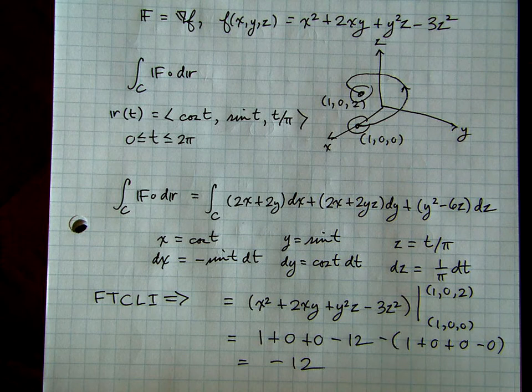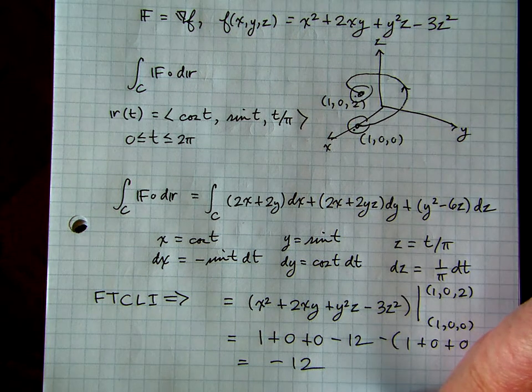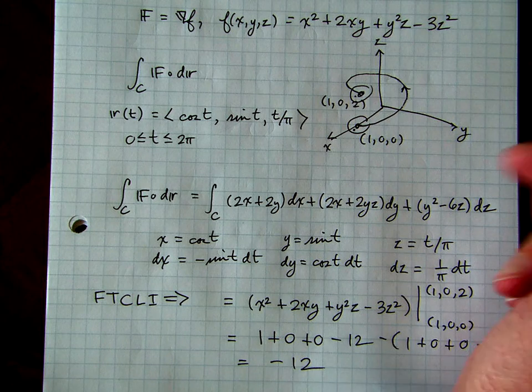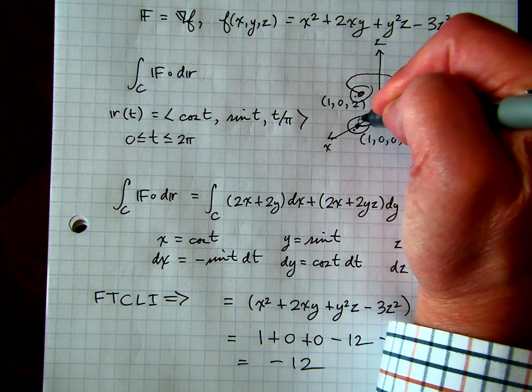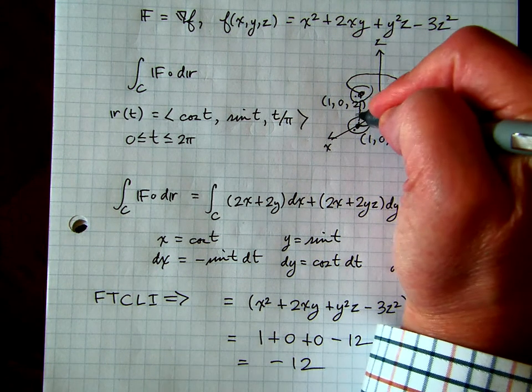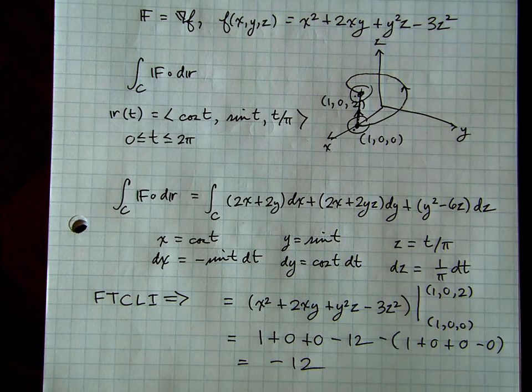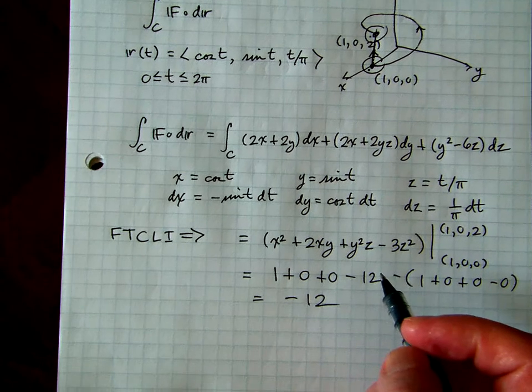So if you had another path that started here and ended there, you should get the same result. In fact, if I replaced the helix with a straight line path that goes from here up to there, that would work. Let's find out what that would be.